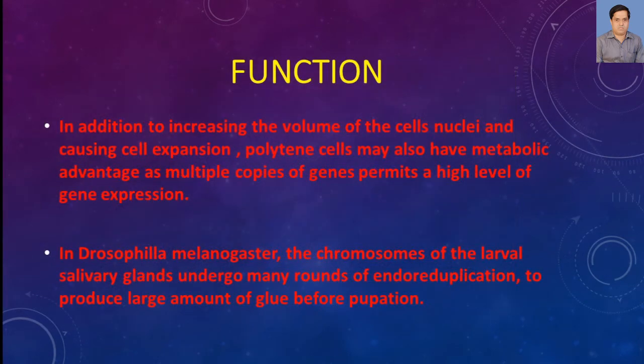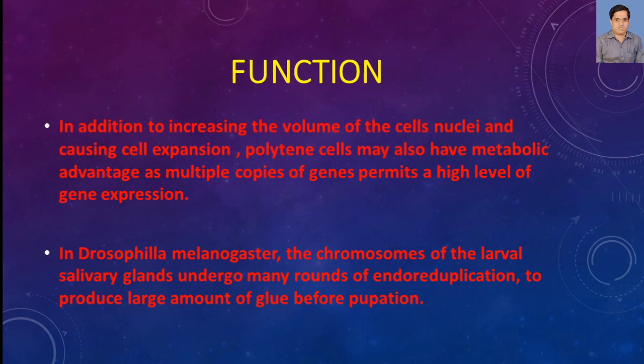Now, what about the function? Why are these polytene chromosomes formed in Drosophila? They must have certain functions. So, according to various scientists, in addition to increasing the volume of the cell, because these chromosomes are very large in size, when they are formed they increase the volume of the cell nuclei and also cause cell expansion.